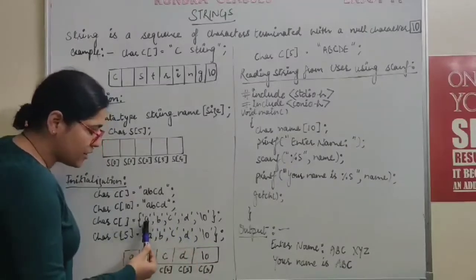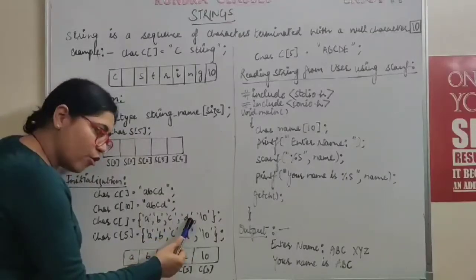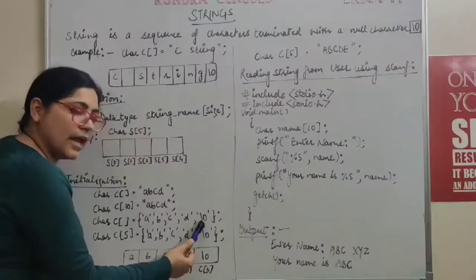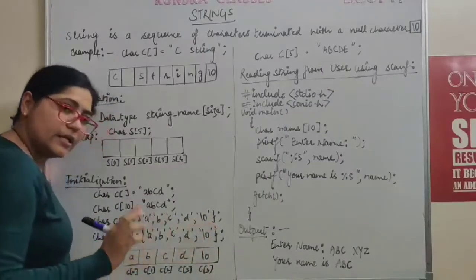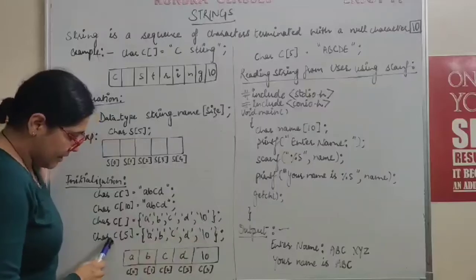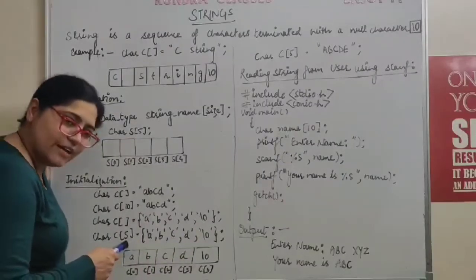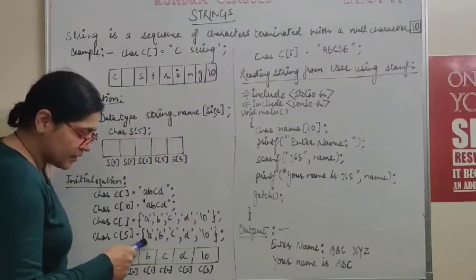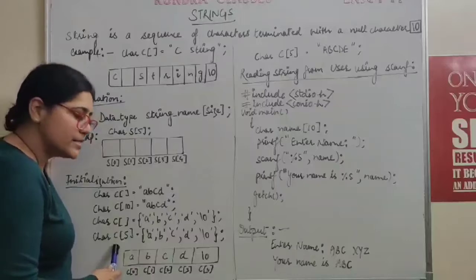The string has been initialized character by character, separated with commas and then the null character. All these are mentioned in curly braces. And then again there is one statement of initialization with a size 5. 5 size के साथ string initialize कर रहे हैं, same string. There is no problem in all these statements.